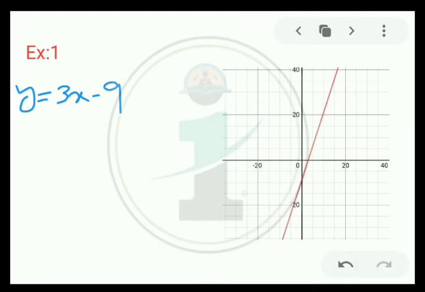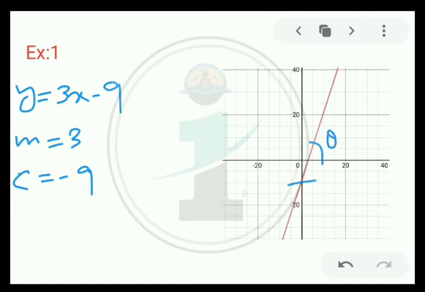Here you can see that the slope is 3, a positive value, and c equals minus 9, which is a negative value. So the straight line cuts the y-axis at some negative point, which is y equals minus 9, and it has a slope.